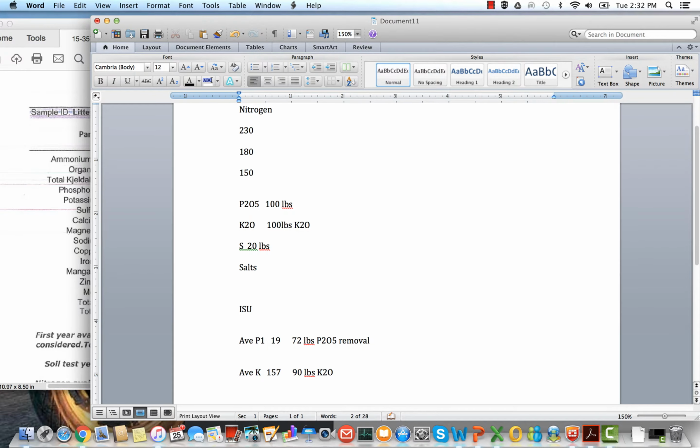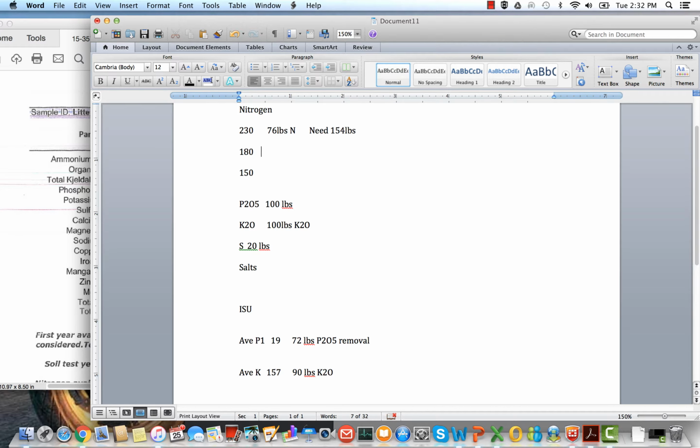So I got 76 pounds of N from manure. That means if I go this route, I need to apply another 154 pounds. So we're going to have to supplement that with some commercial nitrogen.